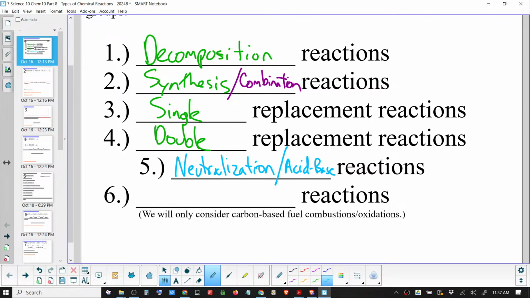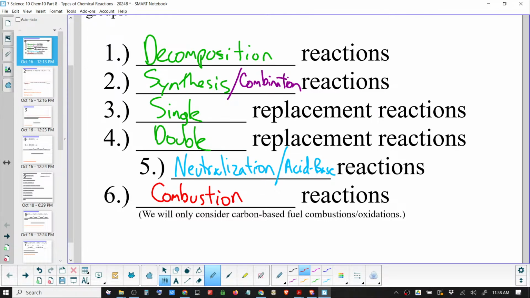And then lastly, we're going to look at one type of combustion reaction, not combo. And specifically, the type of combustion that burns carbon-based things like fuel, oil, gasoline, all the stuff that makes fires become pretty and make a nice cleansing flame.